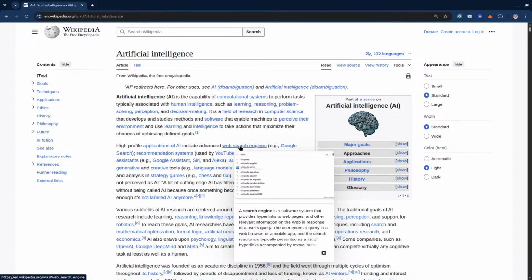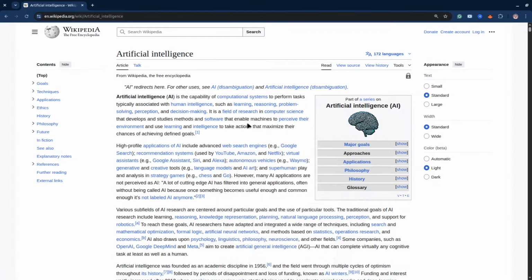A machine or system that is able to act like a human being, has some intelligence like a human being, can learn, reason, solve problems, perceive things, take decisions, and know what to do at a particular time. It is a field of research in computer science.